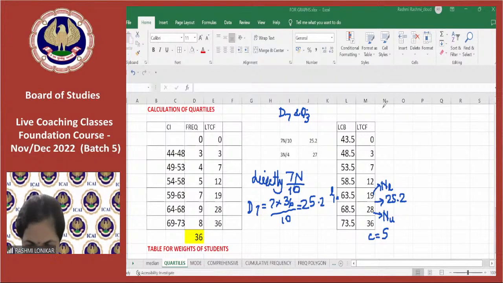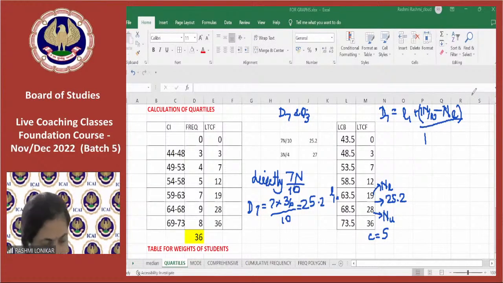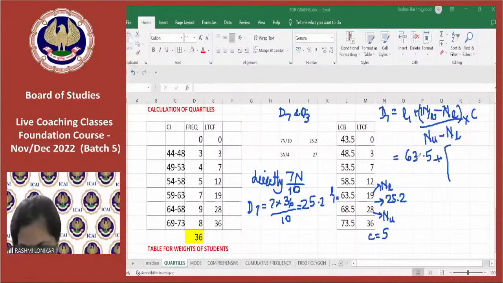So I have D7 equal to L1 plus (7n by 10 minus NL) upon (NU minus NL) into C. Now L1 is how much? 63.5, plus 7n by 10, which I found to be 25.2.